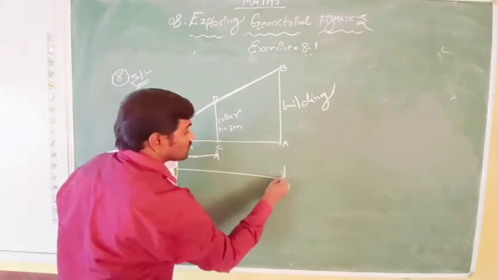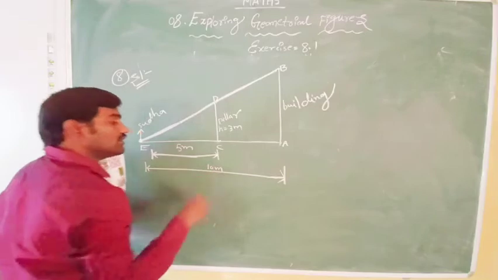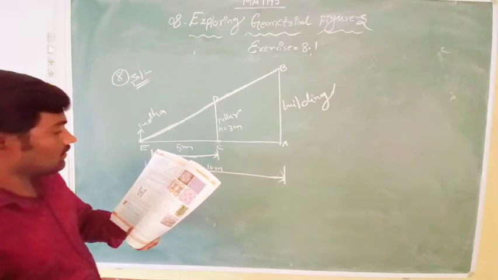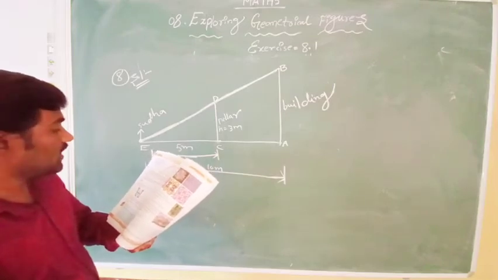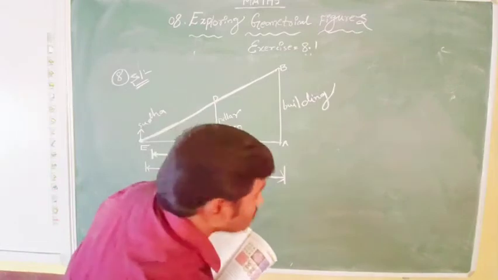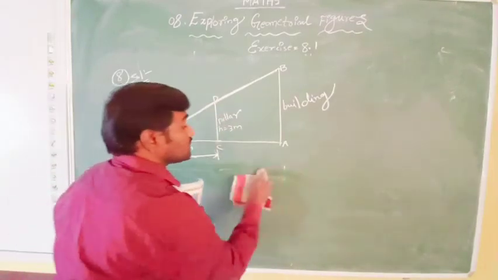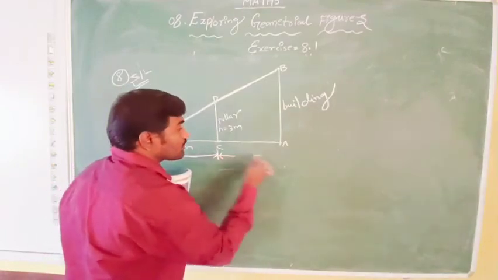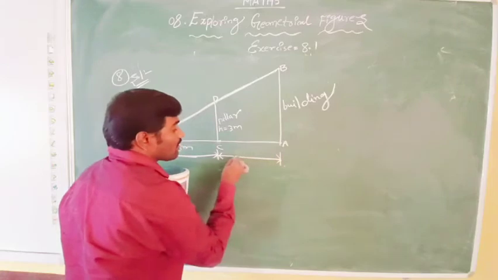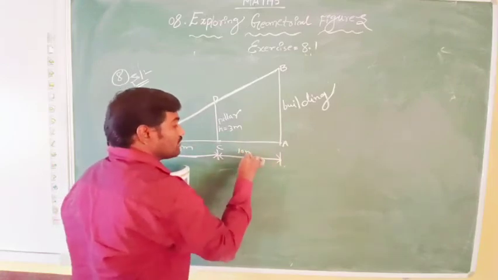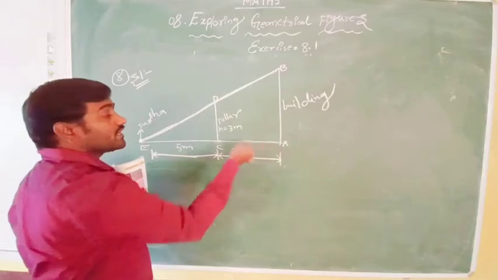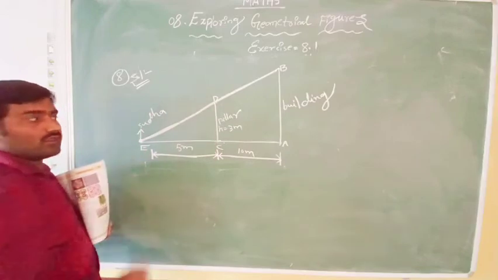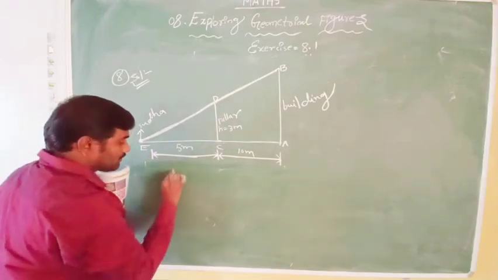The question is given that the distance between the building and pillar is 10 meters. Sudha is standing 5 meters apart from the pillar. We need to find the height of the building.